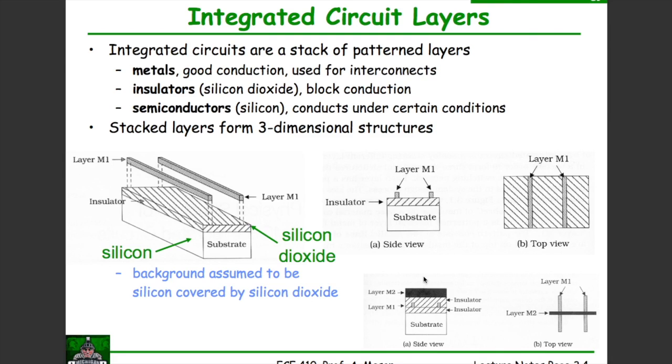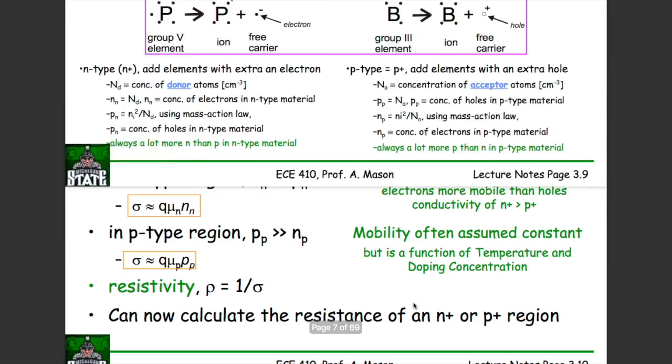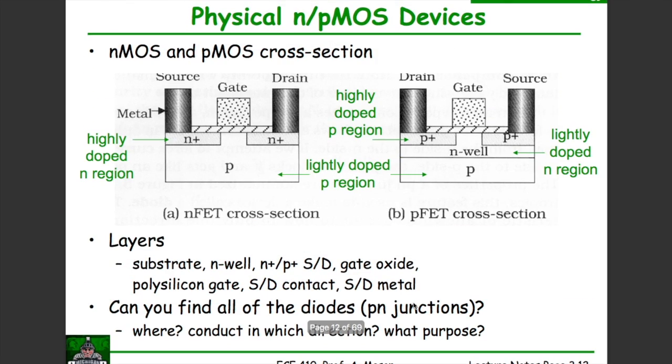So here they have shown one picture. This is metal 1, then insulator, metal 2, the same thing I was talking about. So for MOS, this is the side view of MOS.